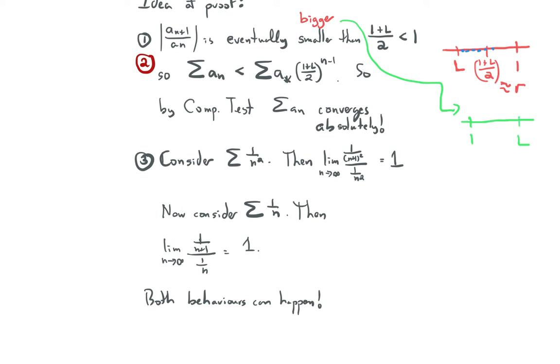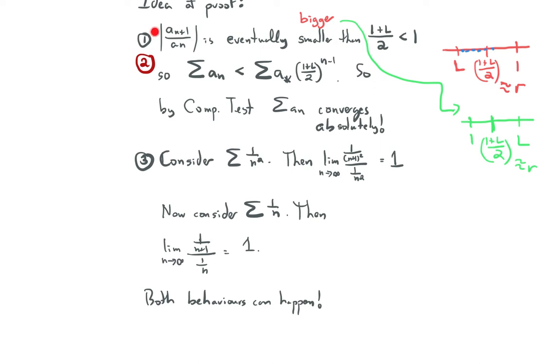our L being bigger than 1. So the average of L and 1, the point in between, (1 + L)/2, is greater than 1. We're thinking of this as a ratio. So a geometric series with ratio (1 + L)/2, where L is greater than 1, we know is going to diverge. It's the same idea.